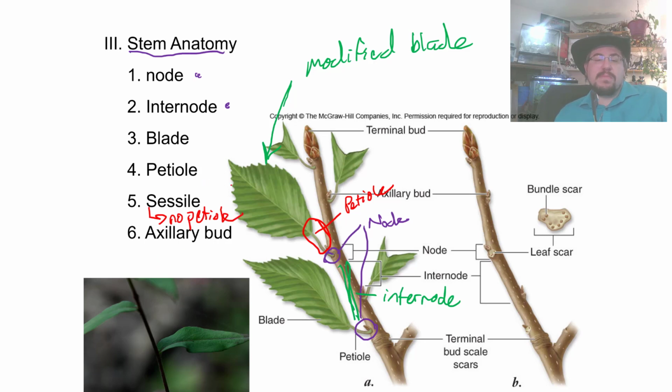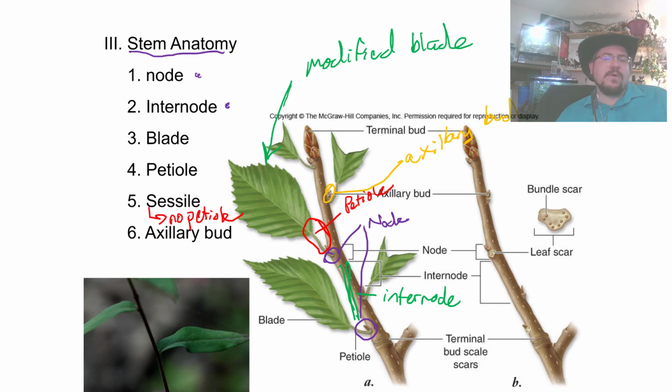And lastly, we want to mention our axillary buds, which are important. Axillary buds are located in the crook of a plant. Basically, anywhere you have a leaf growing out, we have an axillary bud. So that's pretty sweet.